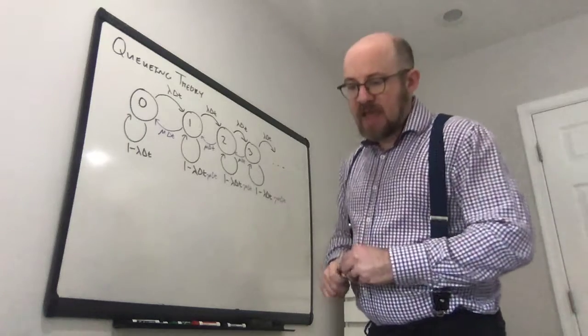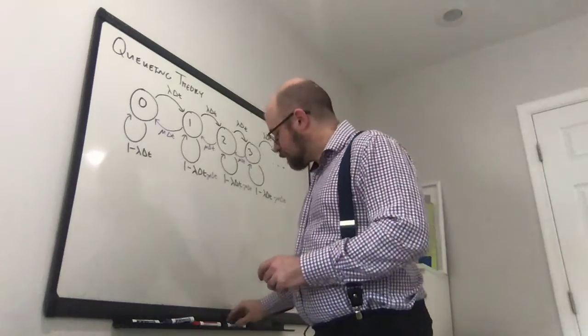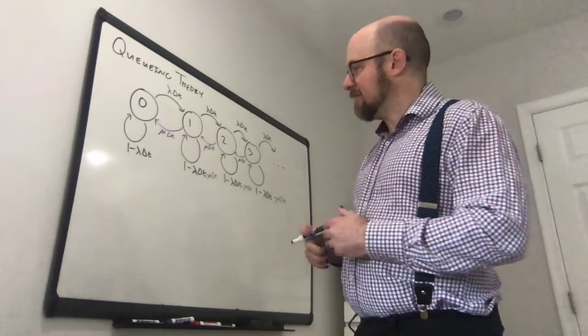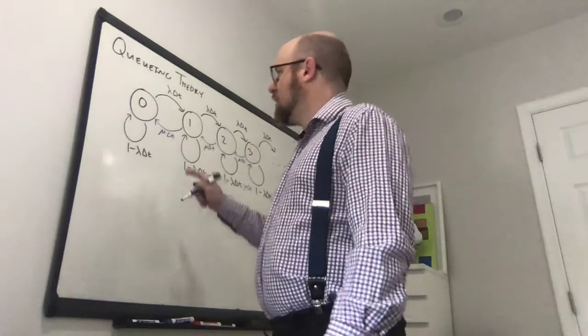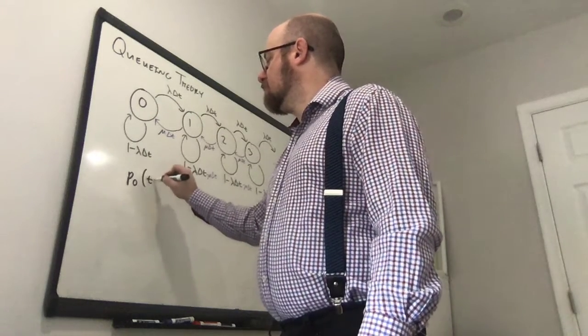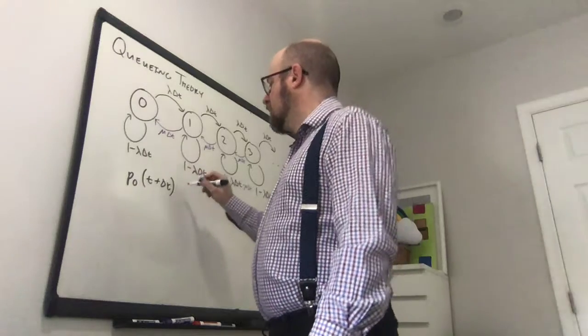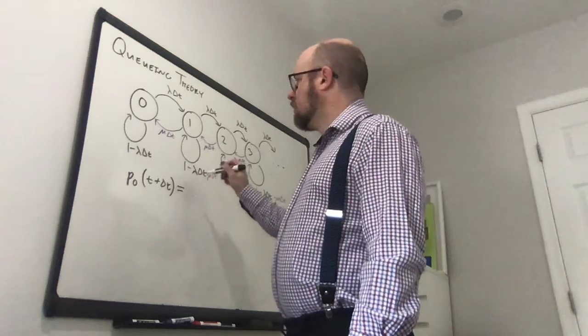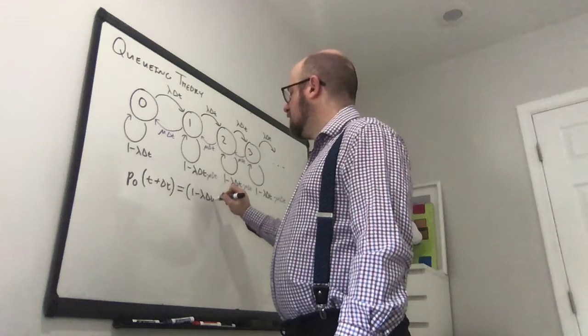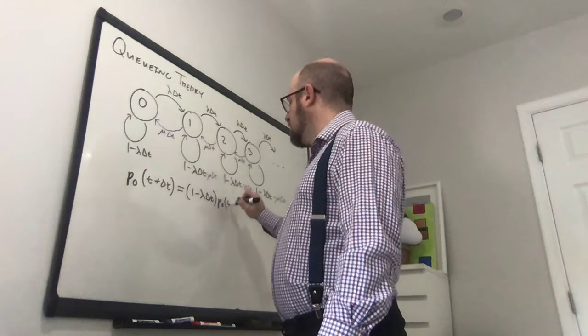Okay? And so you can use this to set up a system of equations, and from that get a system of differential equations, right? So you can say, for example, P0 of t plus delta t is going to equal 1 minus lambda delta t times P0 of t.